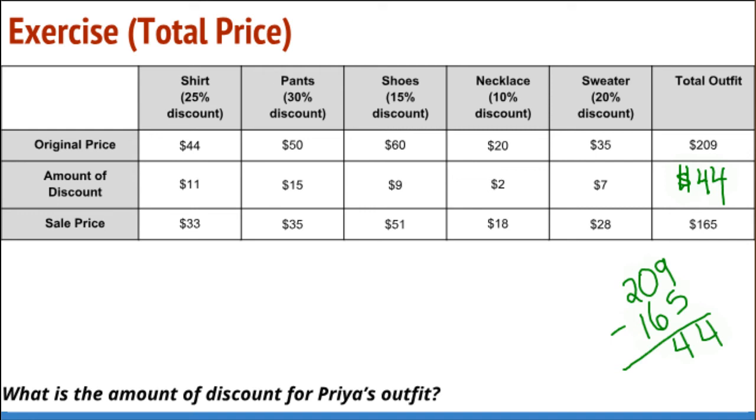Now, I want to be just a little bit sneaky here, and I want to say, about what percent overall did she save? So the total outfit was originally $209. So that was the original total. And she has saved $44.